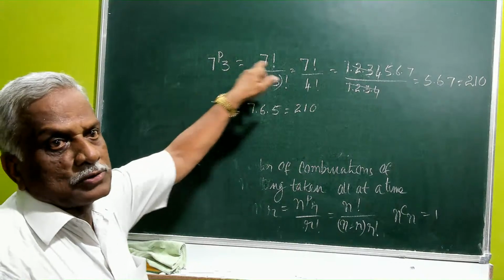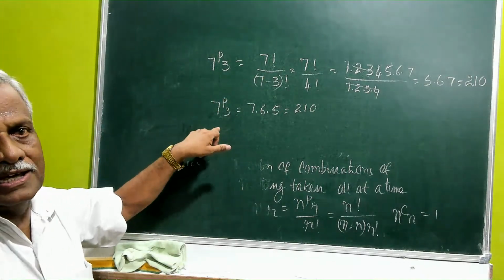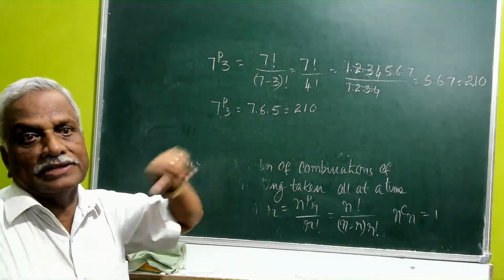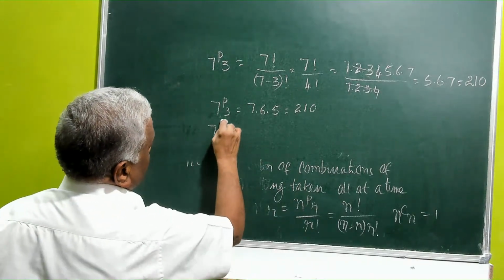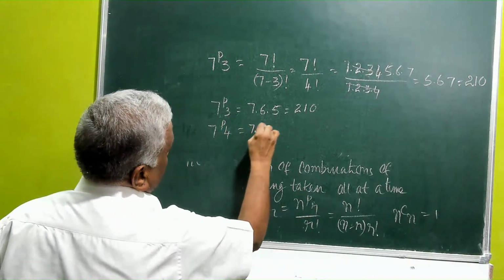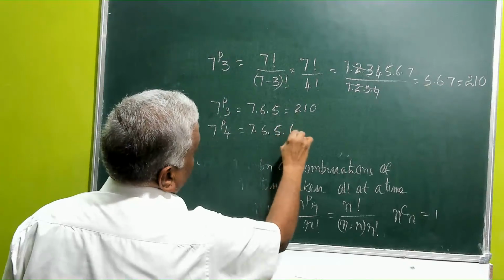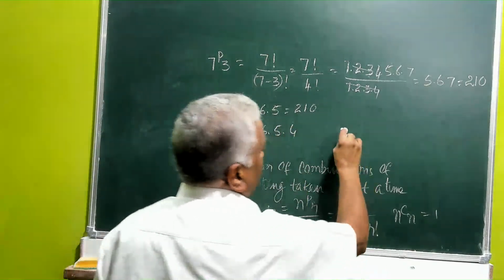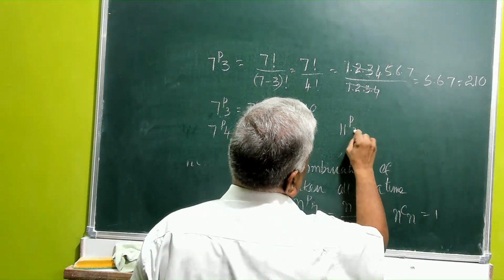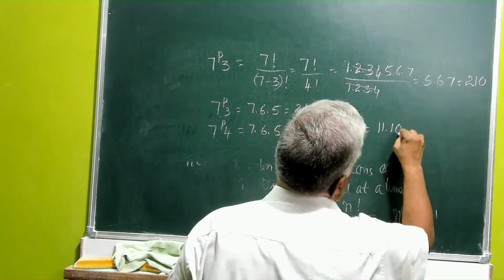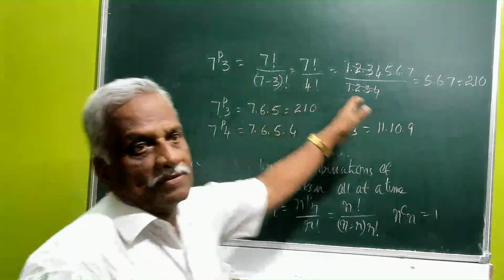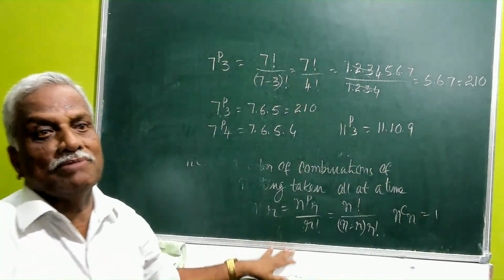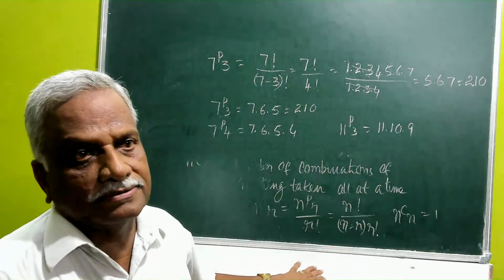I have worked a problem using the formula. I am suggesting a simple way of working this problem. Supposing you have got 7P4, then write 7 into 6 into 5 into 4. You have got 11P3: 11 into 10 into 9. So instead of writing this formula and simplifying, this is the easiest method.